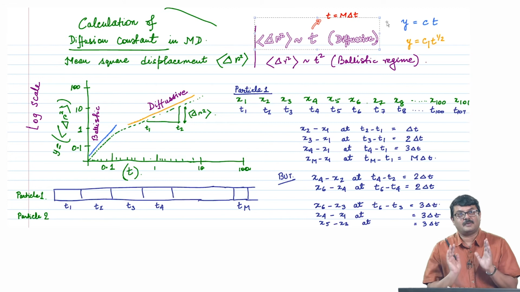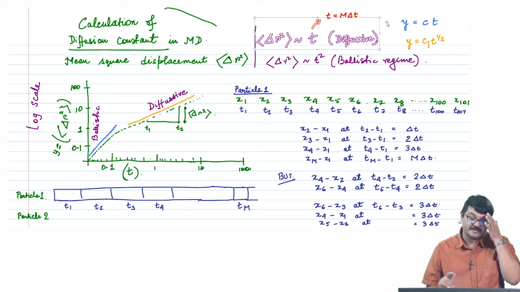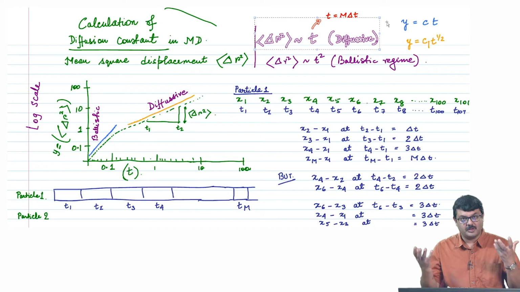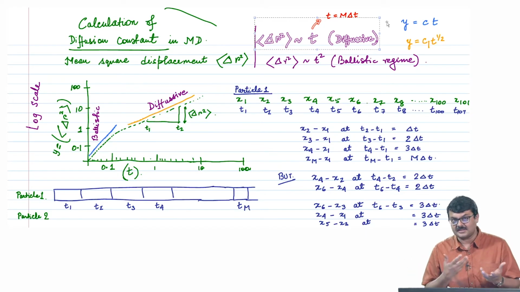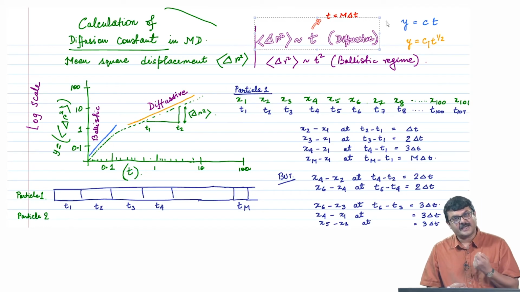Now, why is that? Why do you see that? All that I have been discussing in the last slide has been only the diffusive regime. The point is this. Now we are doing molecular dynamics, particles are moving around in space as a function of time, and every particle also has an inertia, it has a mass, it has a kinetic energy, right. Now, when it moves, it has its own inertia, half m v square, right. Due to that, it has a certain speed, velocity, it is moving in a certain direction, and it is moving basically because of its inertia.